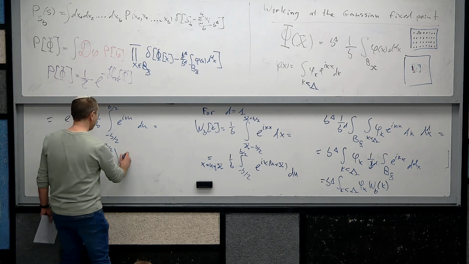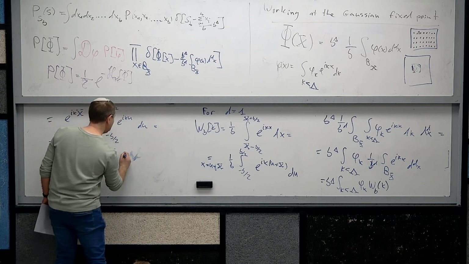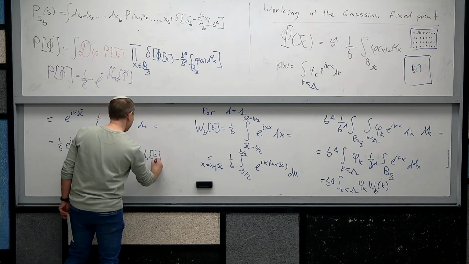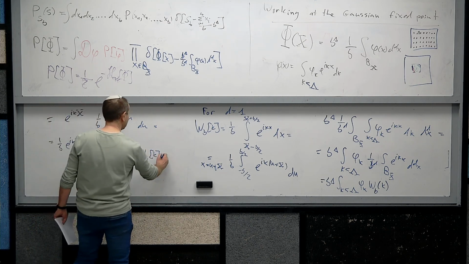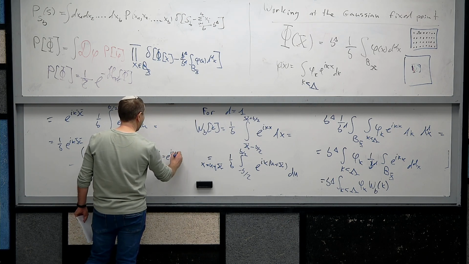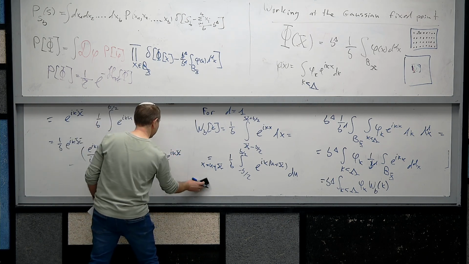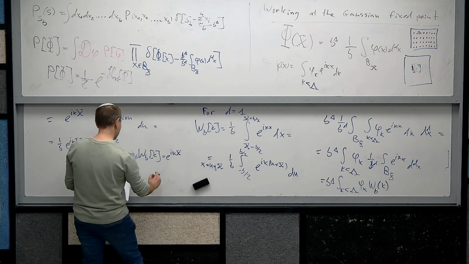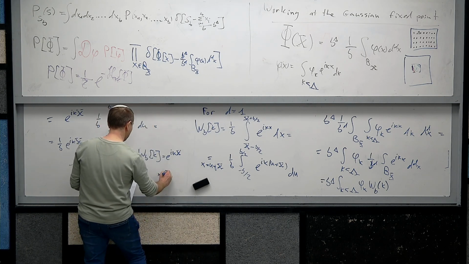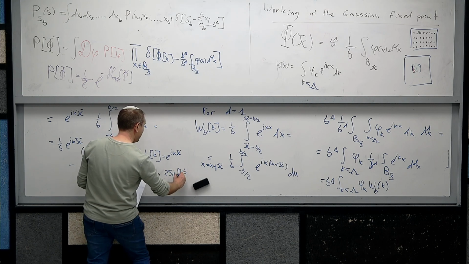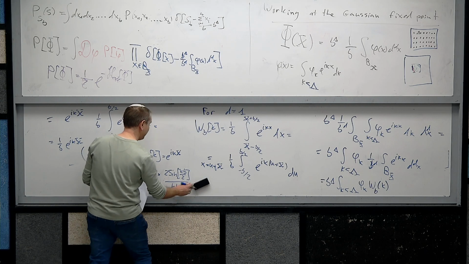So what we see is w_b of k equals e to the i k X multiplied by 2 sine of kb divided by 2, divided by kb.